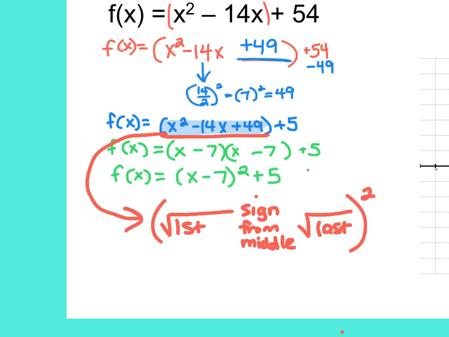So it's a shortcut that will make your life a little bit easier, okay? But you can get to it the long way too. It's just that you have to eventually write it as something plus or minus something squared. So it has to be in this format. This is standard form. With me so far? Yeah?